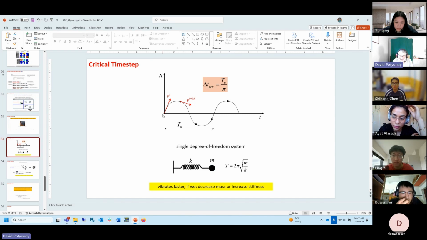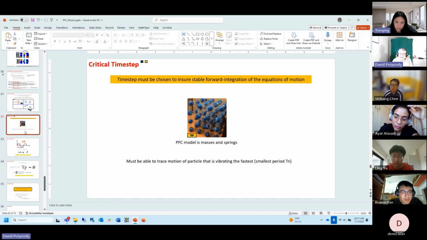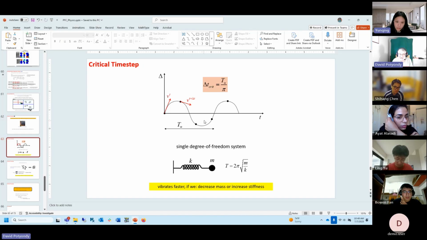This is the time it takes for it to move up and down and back where it was. This is the period. Now, every single one of these is going to have a different period in general. Some are vibrating fast, some are vibrating slow. The one with the fastest vibration has the smallest period.